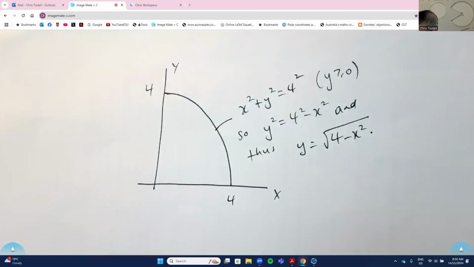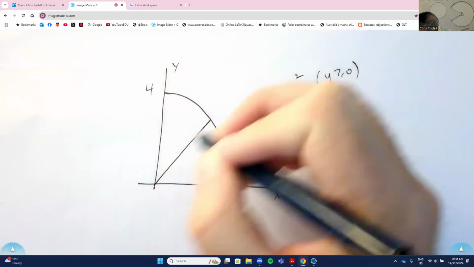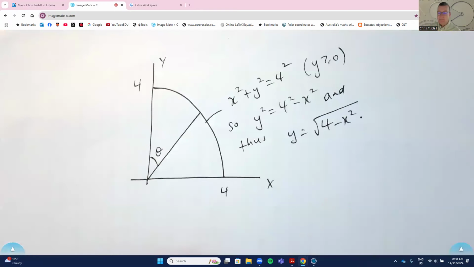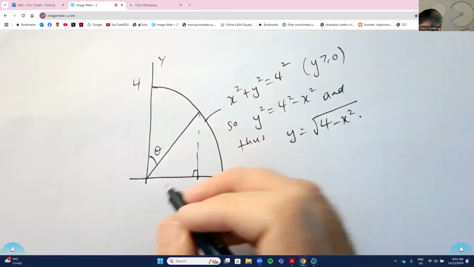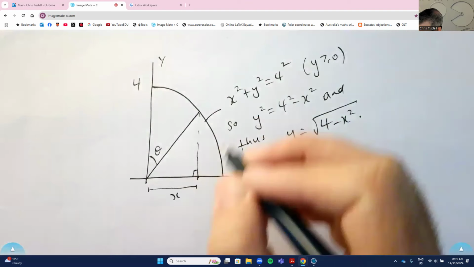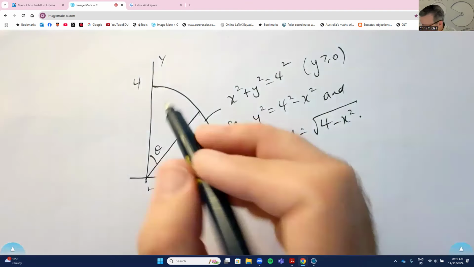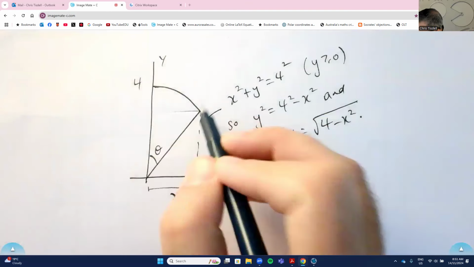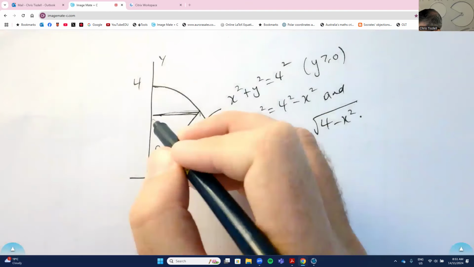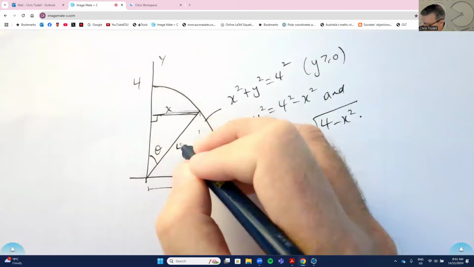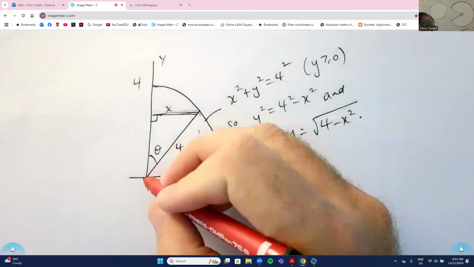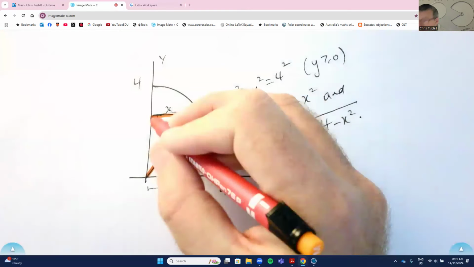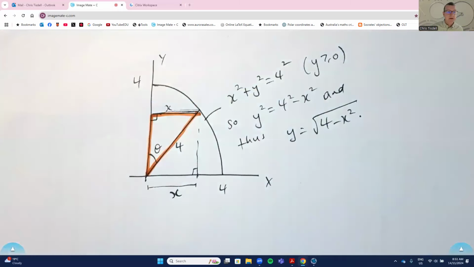Well, what about this other part? You've got an angle here, and in this picture, that's x. So if I copy that over here, now it makes a bit more sense, hopefully. That's 4. So this little triangle here is what we are concentrating on.